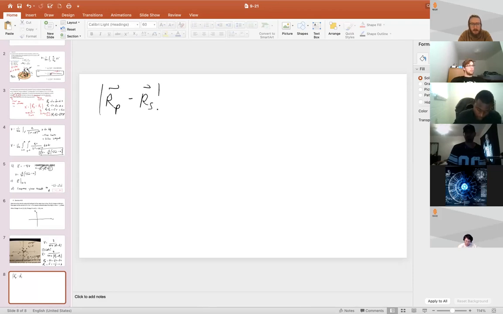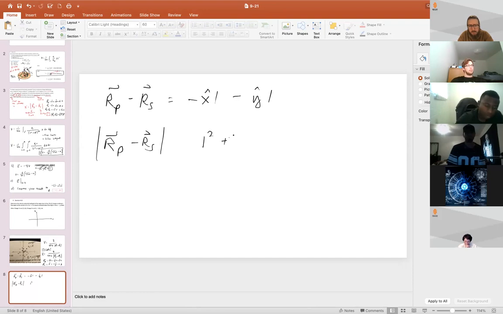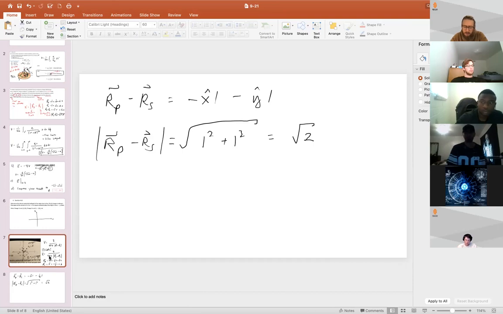So RP minus RS, first, is minus x hat, minus y hat. Is this what you got? Does this make sense?